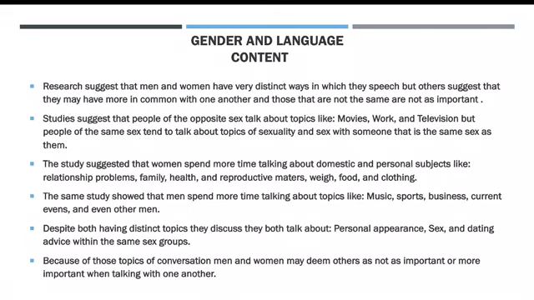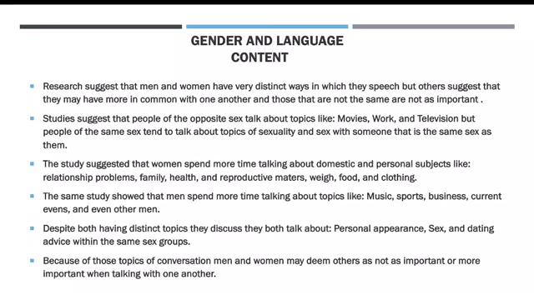Studies suggest that people of the opposite sex tend to talk about topics like movies, work, and television, but people of the same sex tend to talk about topics that are a little more personal, like sex and sexuality. Those topics are usually reserved for people of the same sex.